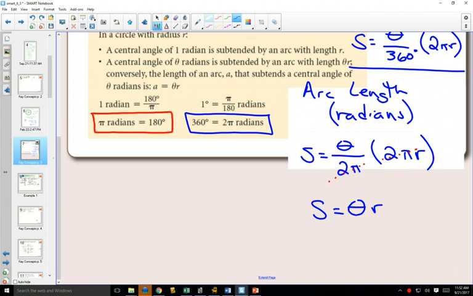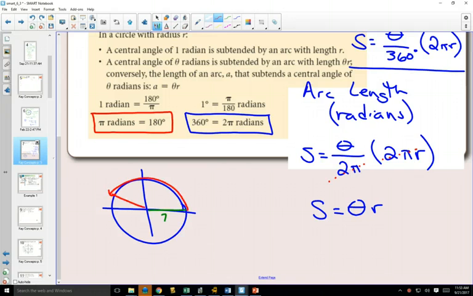But I still like this formula because it tells you what it means. And I think this formula also tells you what it means. Because if I make a circle and I say the radius is 7, and I ask you, what is the arc length from there to there if my angle is 3 radians?